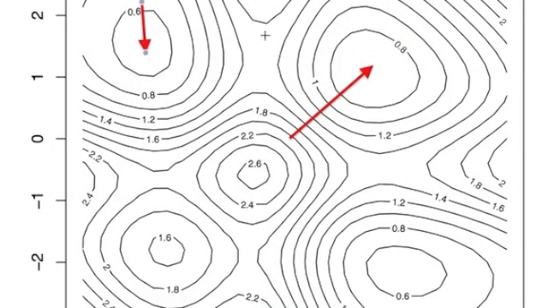I hope this example is clearly showing that whenever you have a function with multiple minimizers or maximizers, then the choice of a proper starting point is really critical, because depending on the point you will end up in different local minimizers.